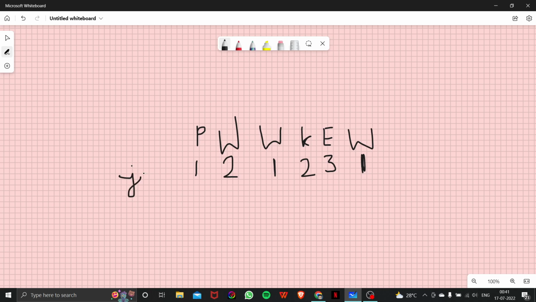Let's name it SG. This is the length of the largest substring which would end with this letter. Since there is no other letter, P would be there only, so it is 1. The largest substring would be PW, so here it is 2. Since here we have one more W, our W is going to be only 1, right?